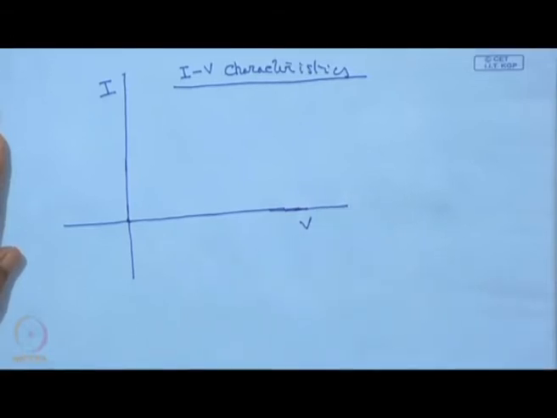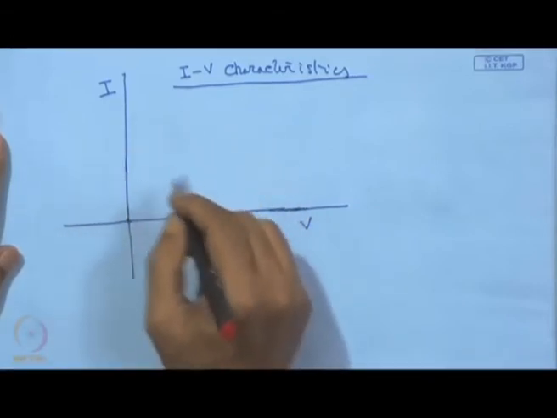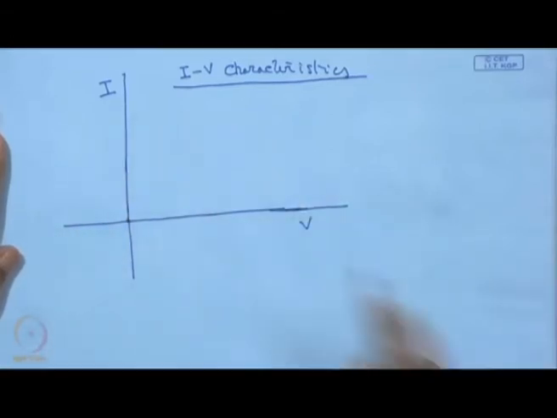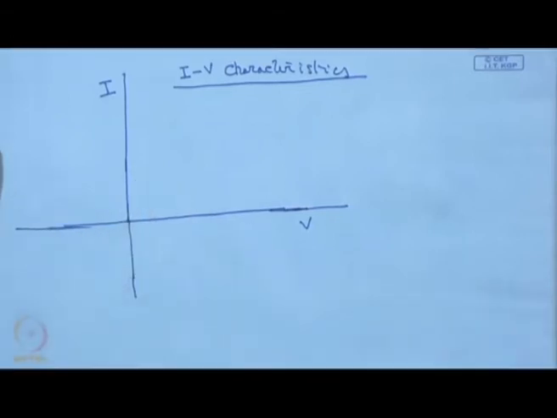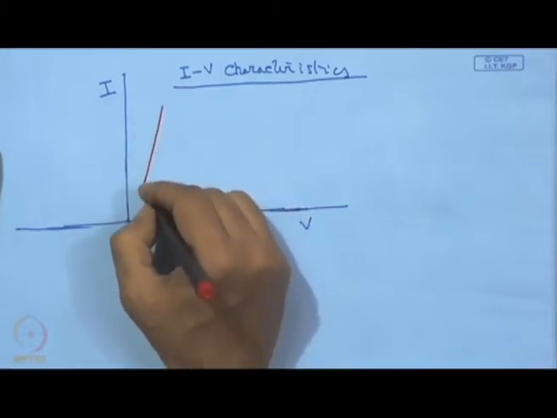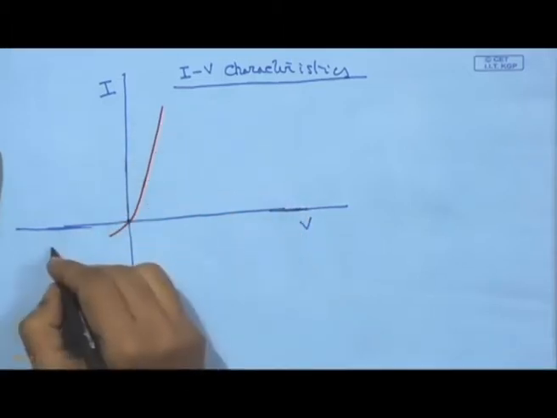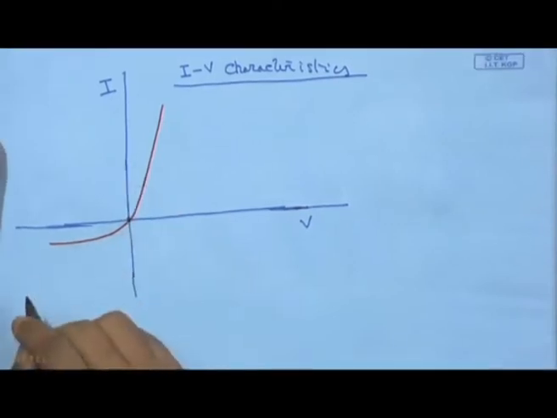Now, here it is a typical curve. The curve nature is almost like this. Let us try to draw. It is somewhere like this. What is the significance of this?